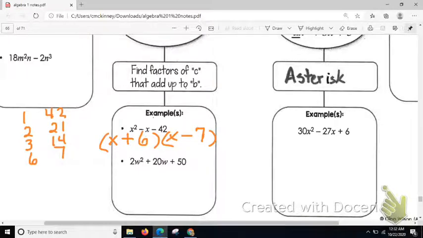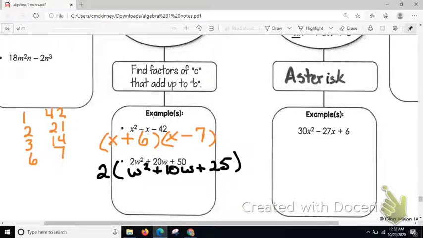So the bottom one, remember that we are supposed to do GCF first. So GCF first. I look at all those. I see they're all even numbers. So my GCF is a 2. And then inside some parentheses, one big parenthesis first, we're just dividing everything by 2 and see what's left.